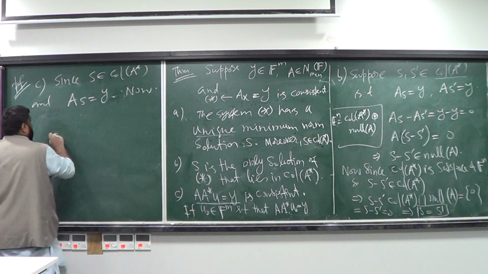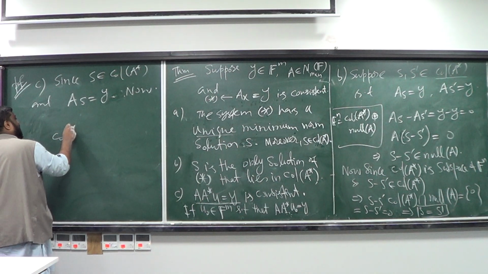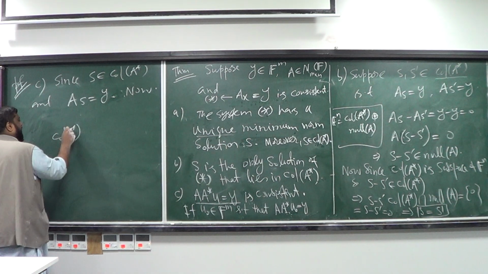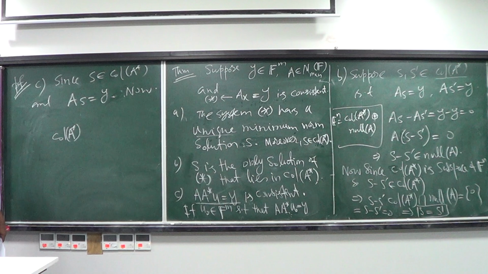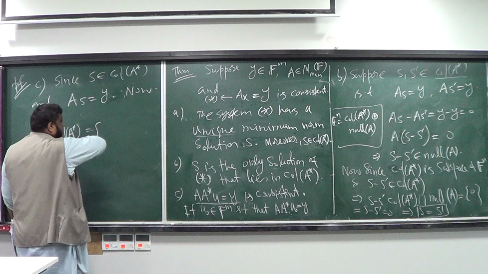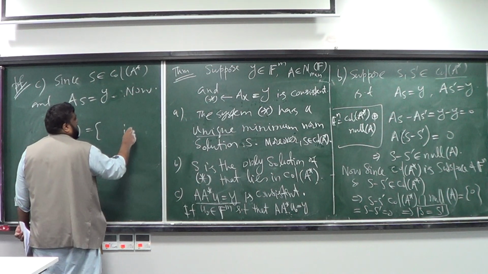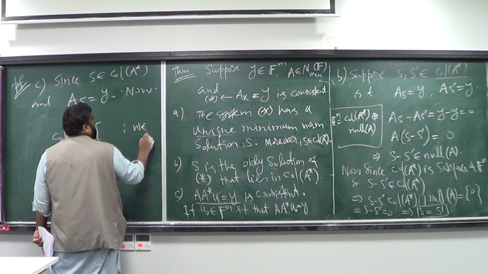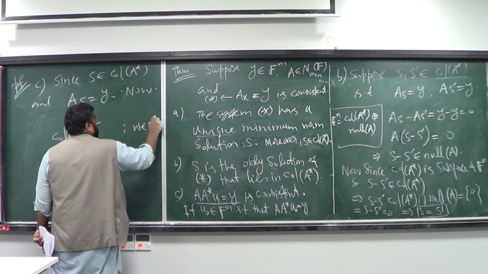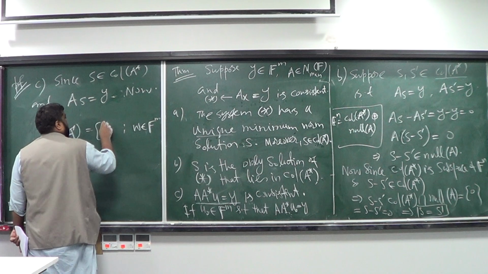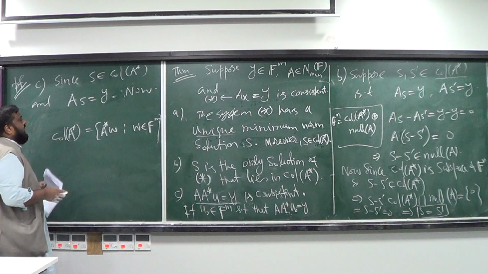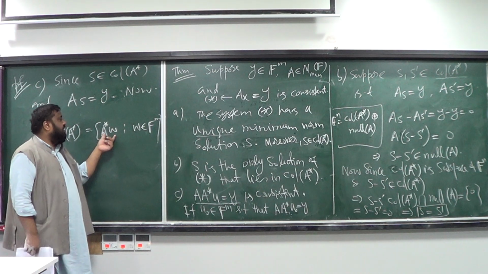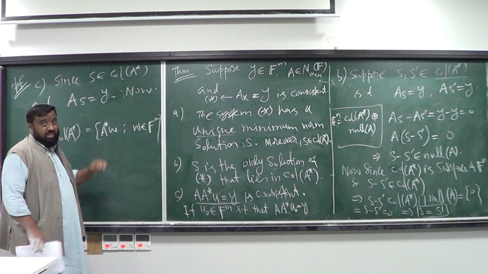Consider this. What was the explicit description of the column space of A star? Did you remember? In the beginning I told you that it's the range of T A star. In other words, it's the collection of the vectors, say W from Fm, such that A star W. So the column space of A star is the collection of the images of the vectors from Fm.